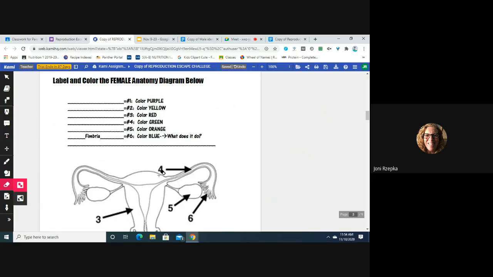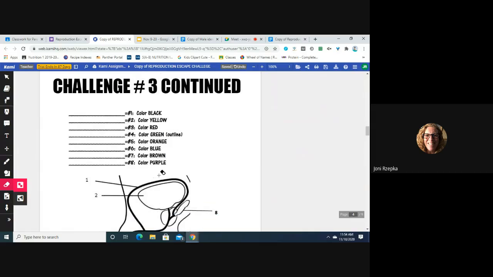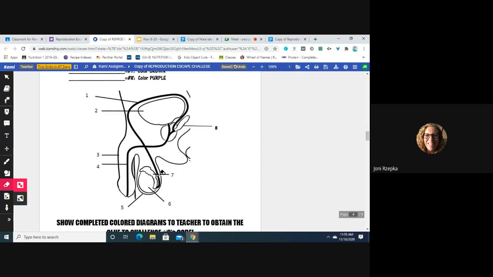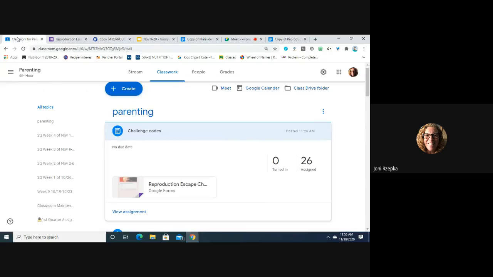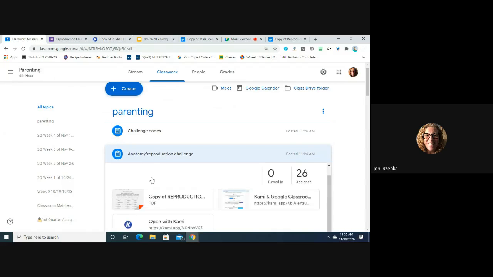Then you're going to come down here and do the male. Once you get done with that, I will have the code in this assignment area.